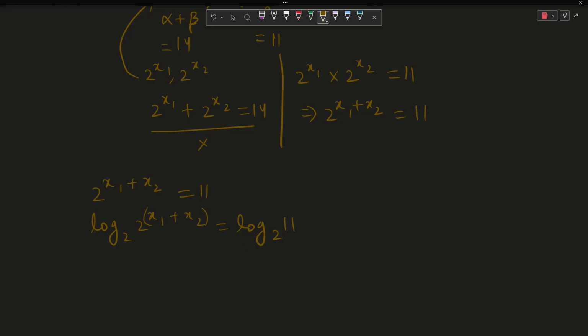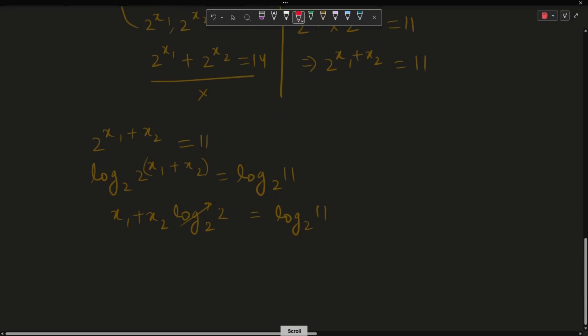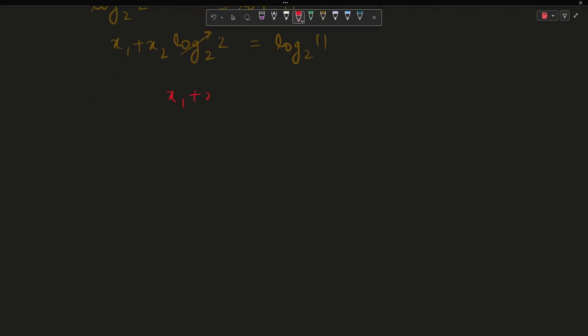This x1 plus x2 being in the power will come in multiplication of the log, and it becomes log 2 to the base 2, which cancels out to 1. So our final answer, the sum of roots x1 plus x2, will be log 11 to the base 2.